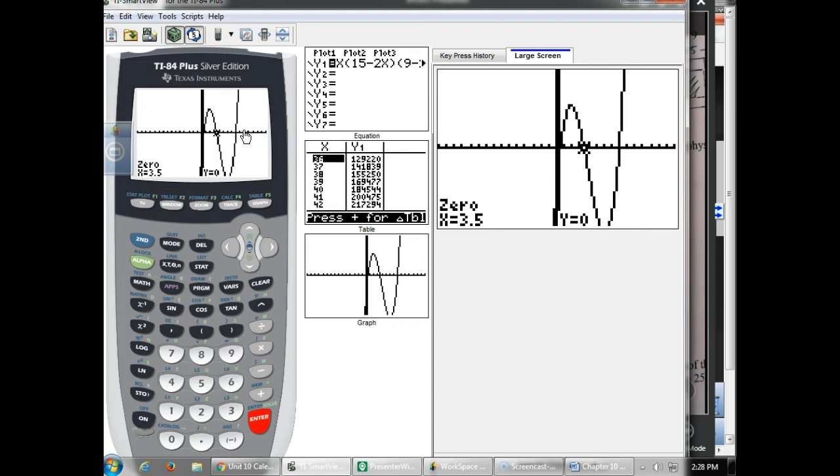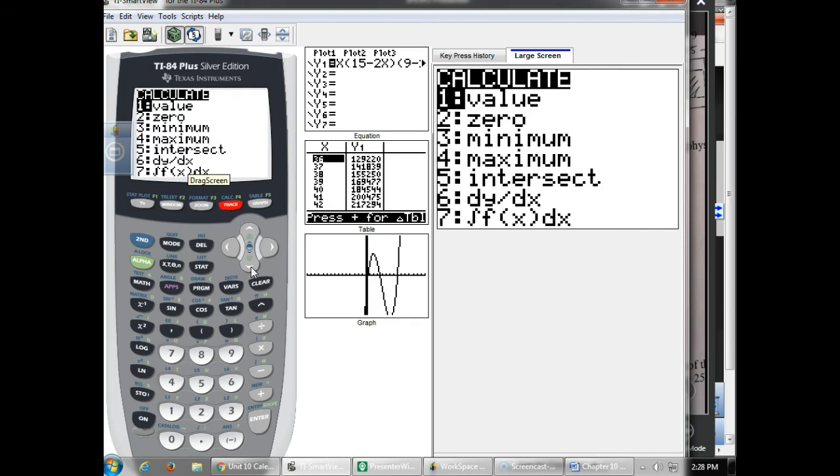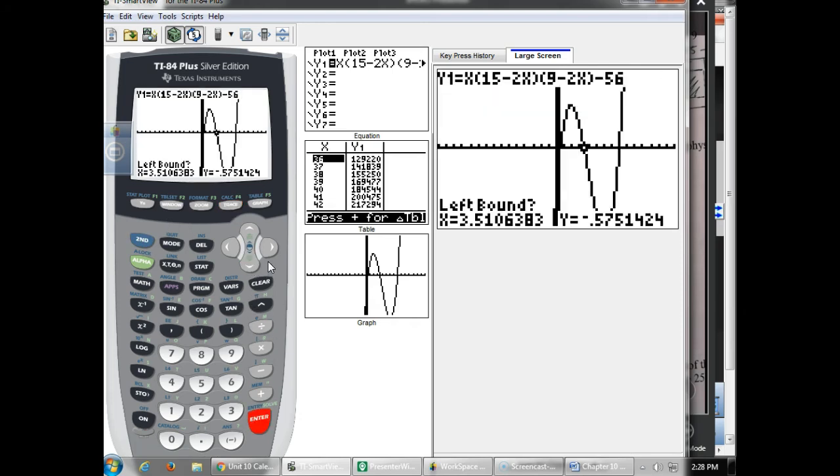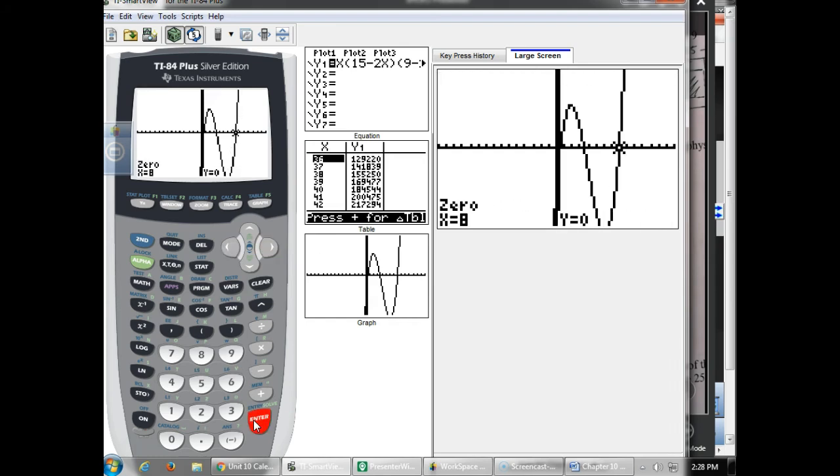Then I also need to find the other location. Now, these values from here to here, will they work? They will not. I want to find this location, this value over here. So second, calculate, again, zero, and I want to go to the left of the x-intercept, press enter, and then go to the right, press enter, and then I get 8.